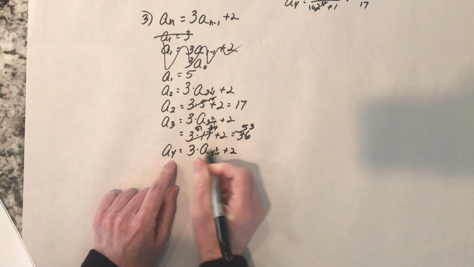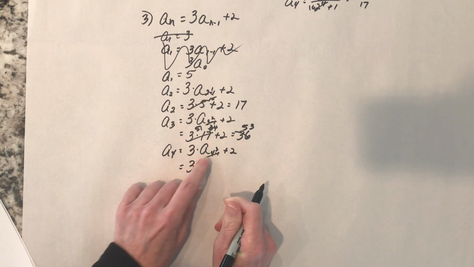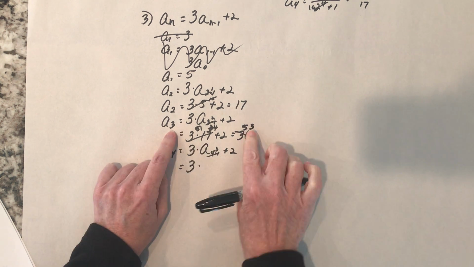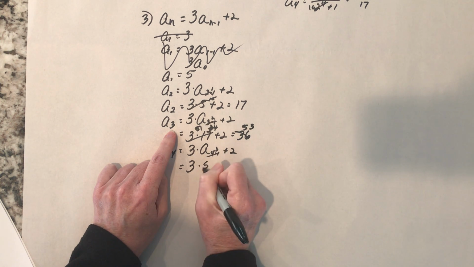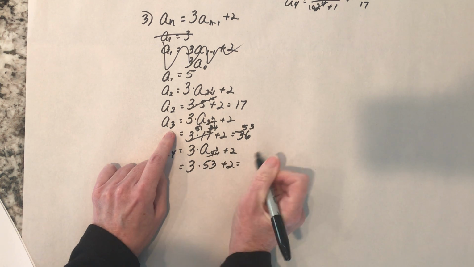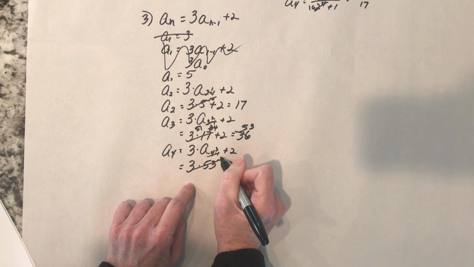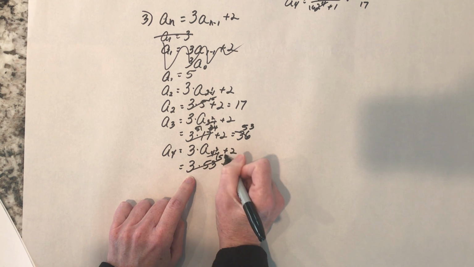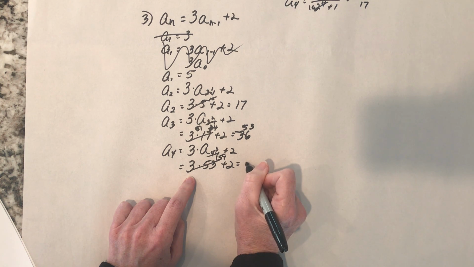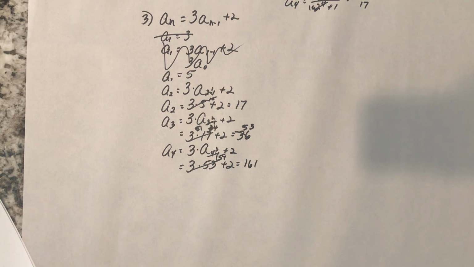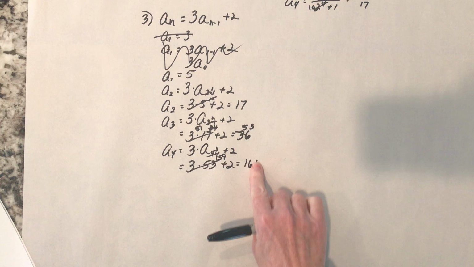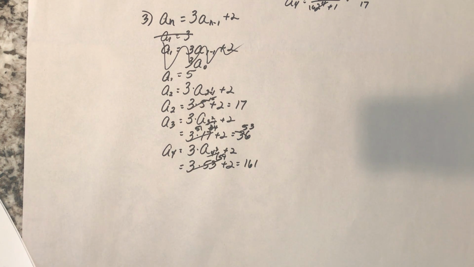That's a 3, so we've got to go grab 3 times what a sub 3 was. A sub 3 is a 53. So 3 times 53 is 159. 159 plus 2 is 161. So there are the first 4 terms of this recursive one.